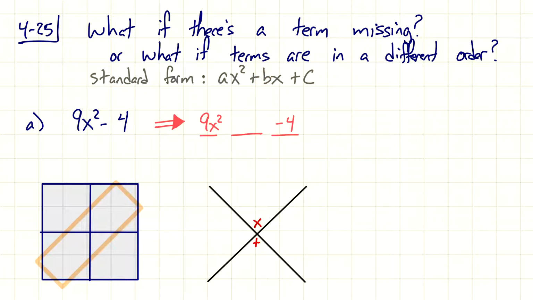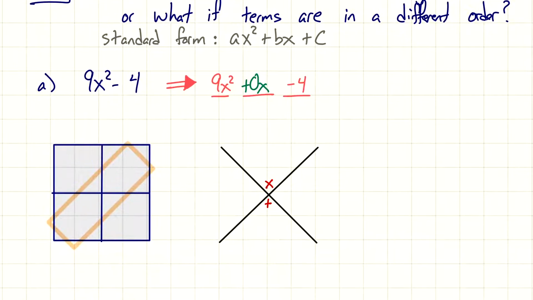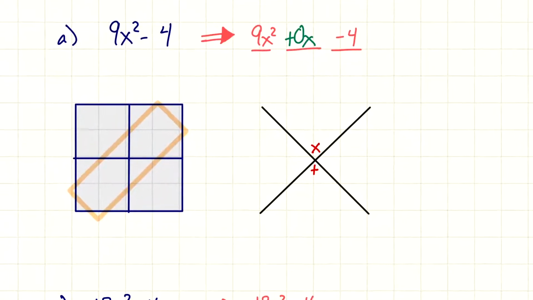So what I'm going to do is I'm going to put a plus 0x, which means 0 times x is just 0. And now I have the same format, standard form, that I need. And now I could solve this like I'm used to solving.